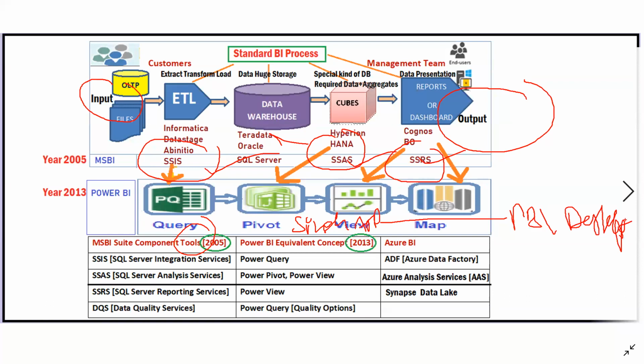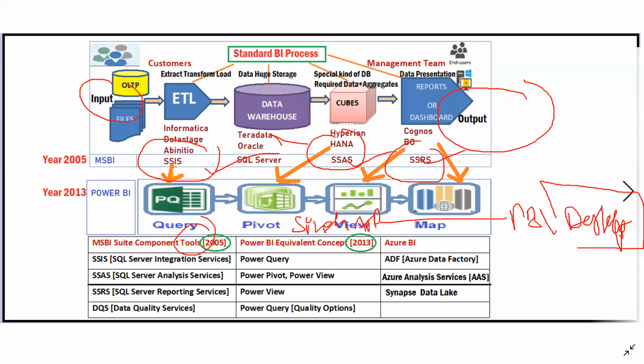Our Windows desktop has multiple components installed and does different types of operations. Similarly, Power BI Desktop also performs multiple operations. The name desktop was given to Power BI for that reason. The MSBA suite is only tools, but to implement these end-to-end operations in Power BI, they gave a desktop.